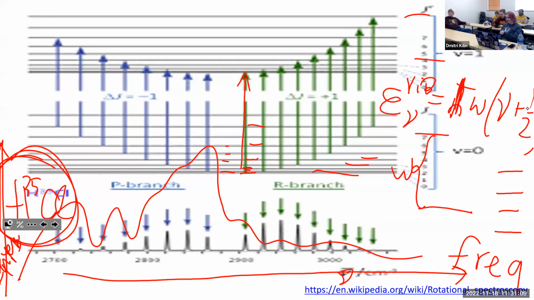rotations do have a lot of similarities to what we did before. Before, we considered only three models. Which ones? Atom in free space, atom in the box, or particle in the box, and then harmonic oscillation. Yes.